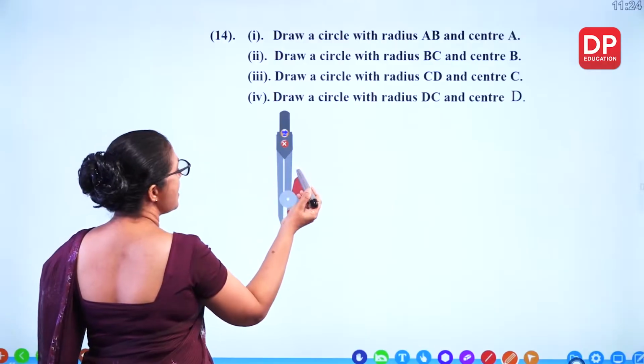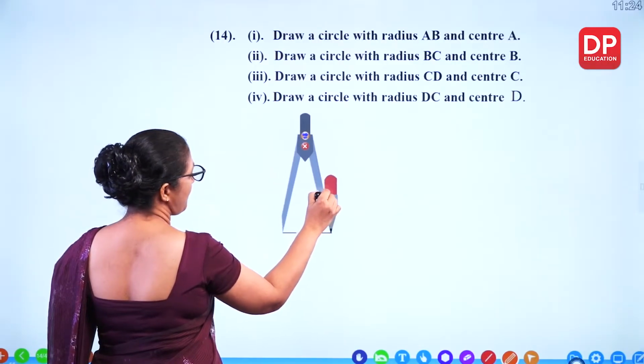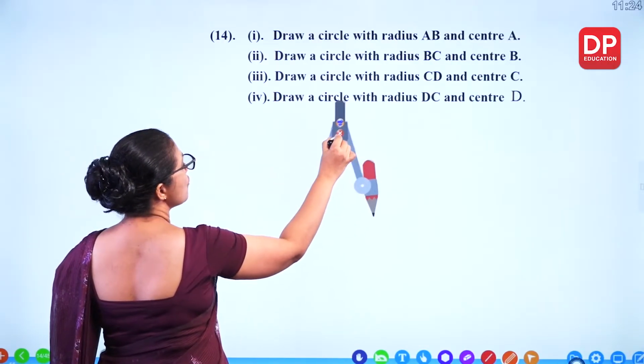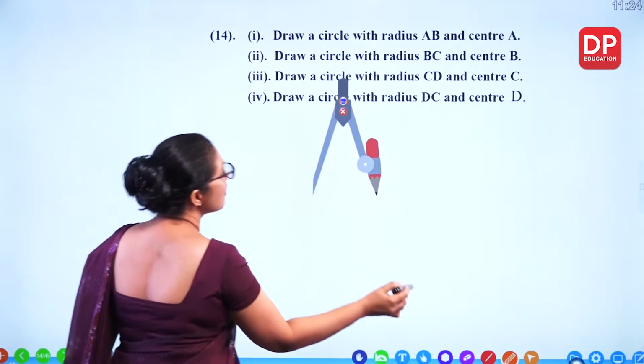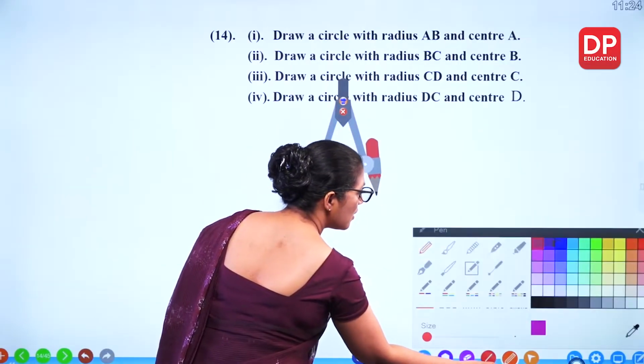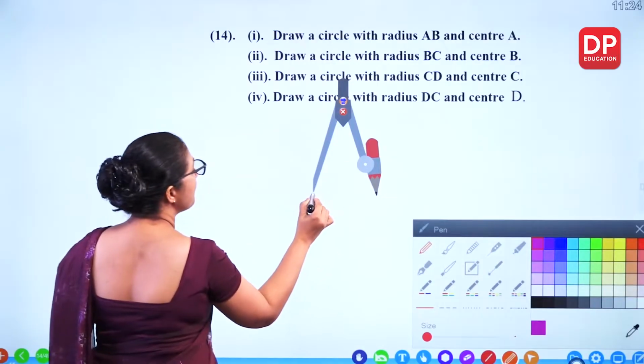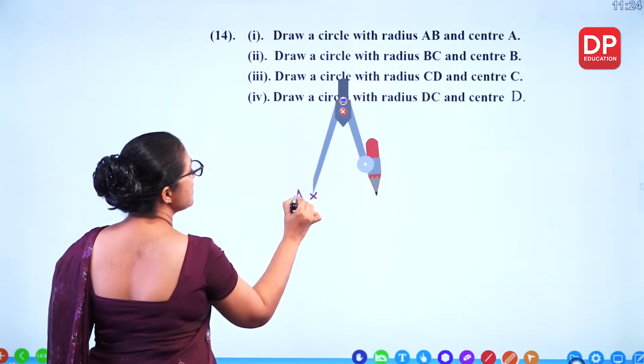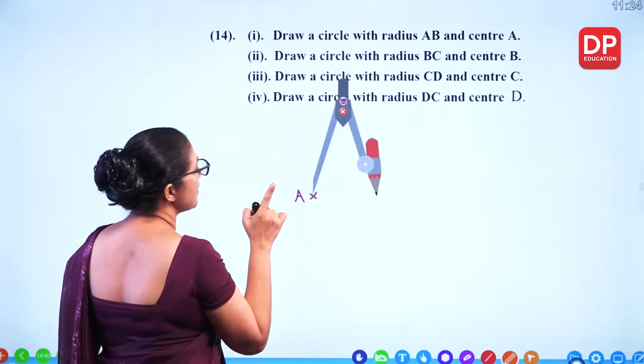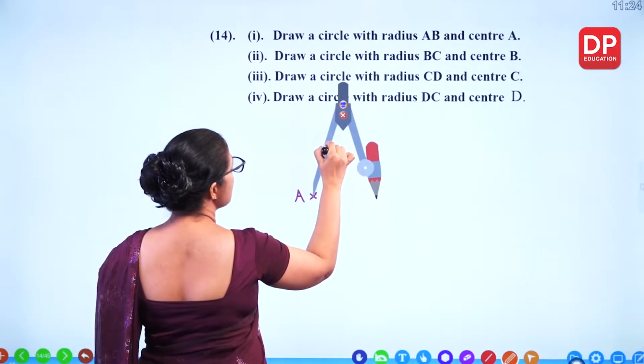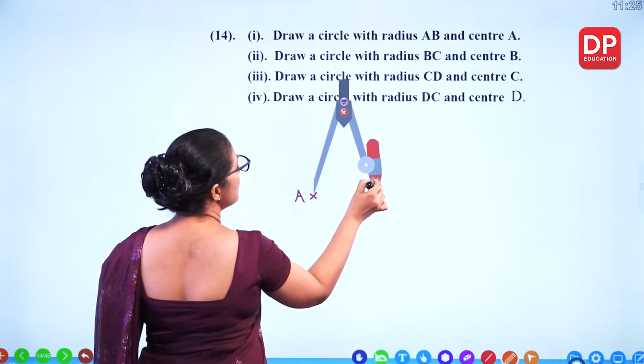I can take any length. So first I'll mark the point A. A is here. So A is the center. So first I'll draw the first circle.